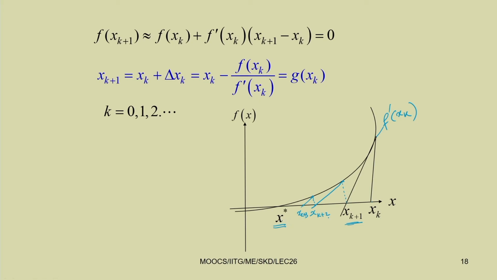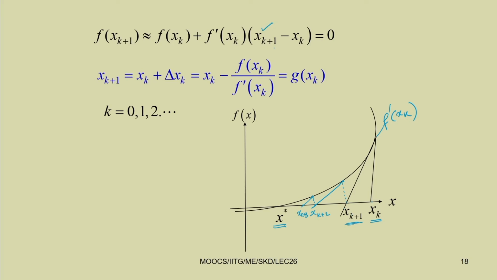So, this way we can start with a point xk. Then we can write f(xk+1) equal to f(xk) plus f'(xk) into (xk+1 minus xk). As f(xk+1) is equal to 0, we can find the expression for xk+1.